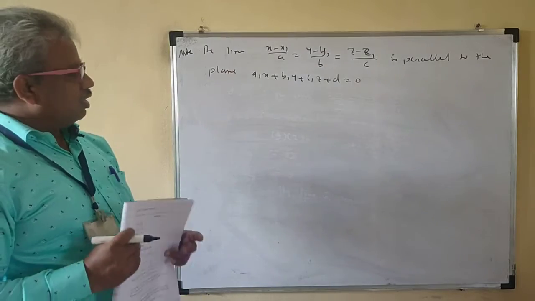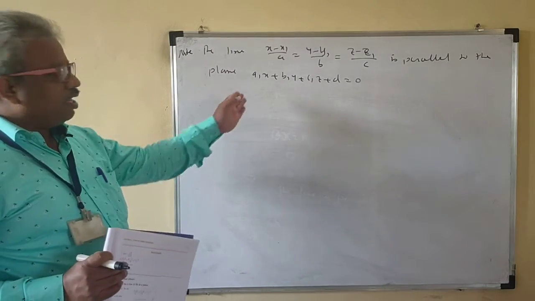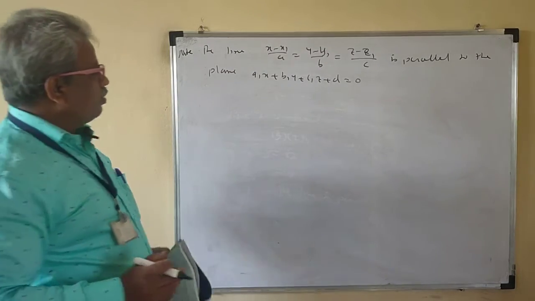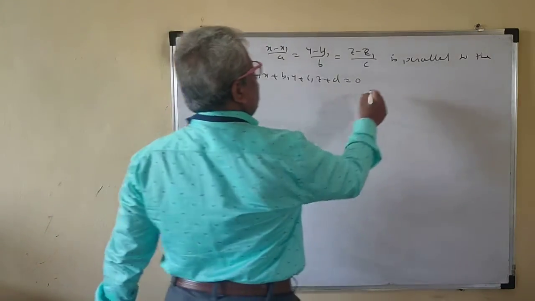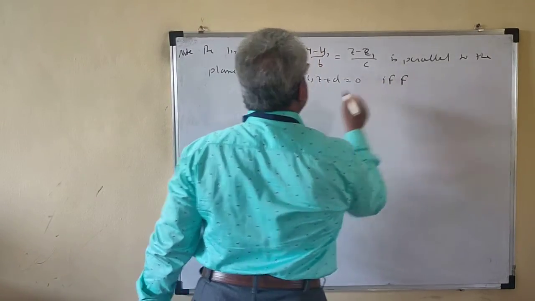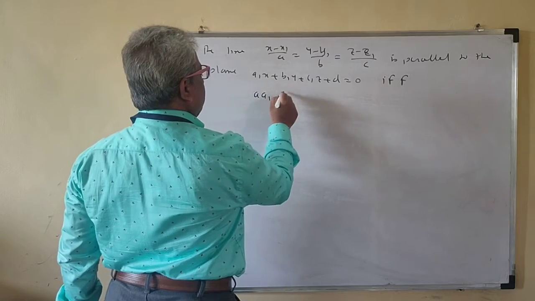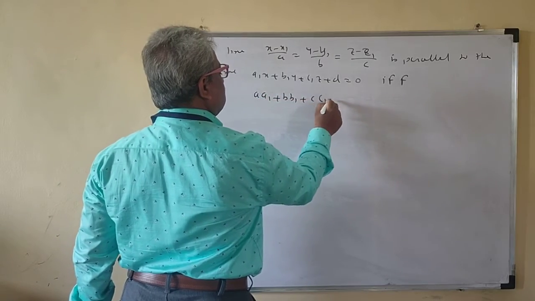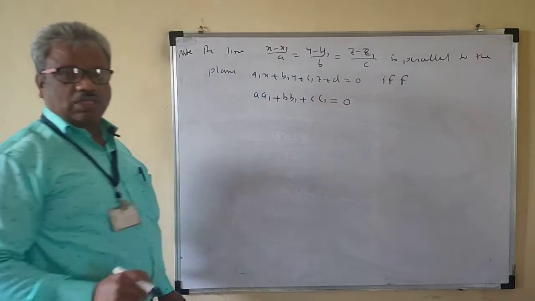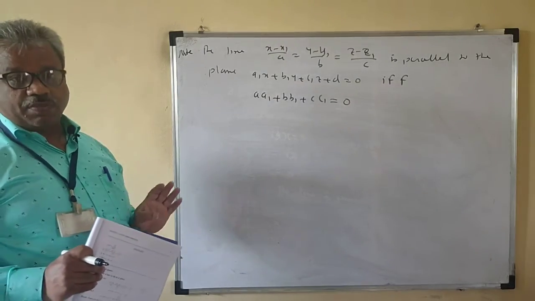Since abc are there, we are writing a1 b1 c1. The line is parallel to the plane if and only if a a1 plus b b1 plus c c1 is equal to 0. So this is the formula for a line parallel to the plane.